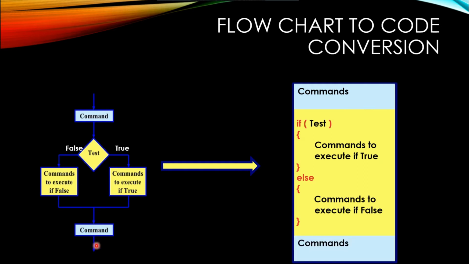After we finish the command, our entire setup is ready. So let's revise. We get to commands, we check the decision. If the decision is true, then we execute this block of code, which is the same as this. If the decision is false, then I execute this block of code. And finally, I end up at this command. Right? Easy. Next up in the video, we will see what nested if is and why we use nested if.